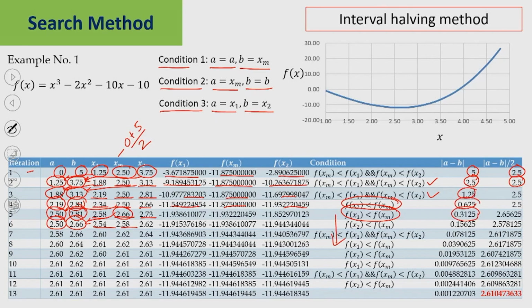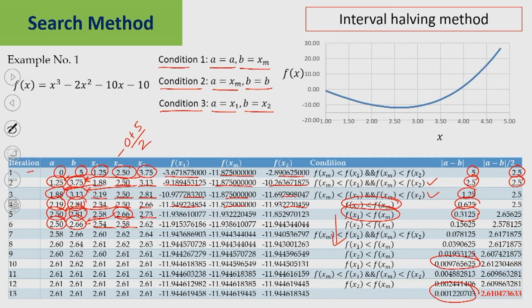Once it is reaching the precision, you can stop your iteration. Suppose this value is less than 0.01. If I put 0.01 as the precision, you can stop here itself.